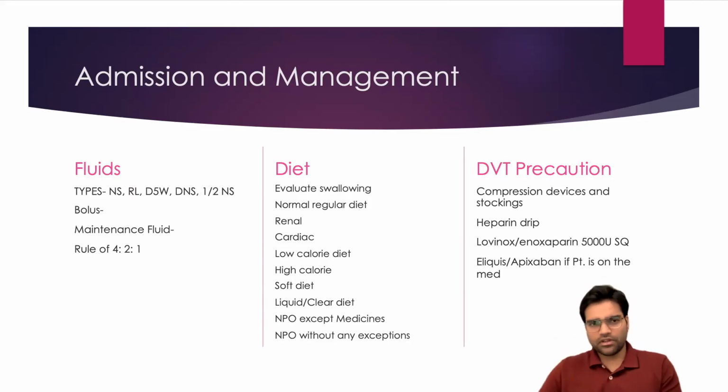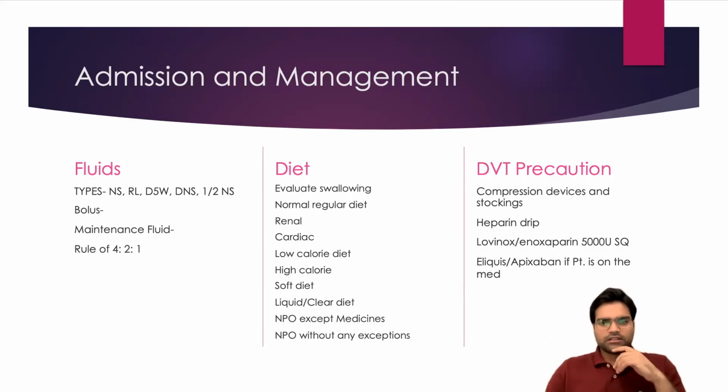So this is pretty important for stroke patients. If you see any stroke patient, or altered mental status patient, you have to evaluate the swallowing. You cannot just give the normal regular diet or cardiac diet or renal diet. So if they are able to swallow properly, then only give diet.